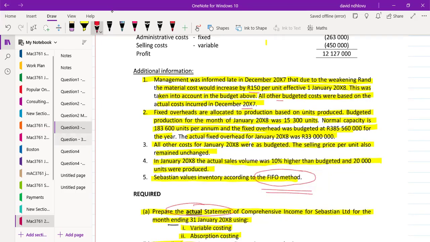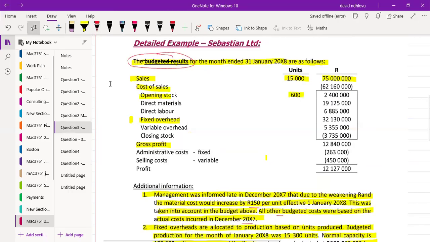What I want is the sales quantity. That is what I'm looking for. They say in January, the actual sales volume was 10% higher than budgeted. So I need to go to the information and find out how many units were actually budgeted for sale. We have 15,000 units here.